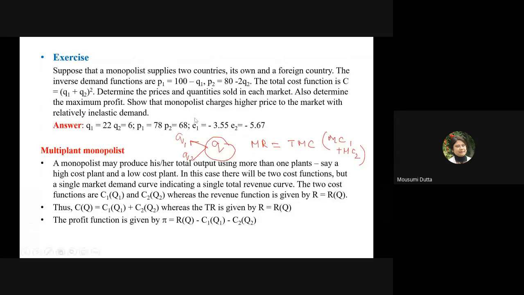Okay. So in this case, there will be two cost functions, but a single market demand curve indicating a single total revenue curve.